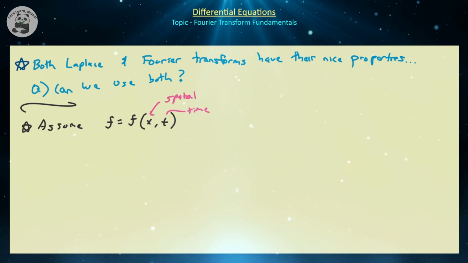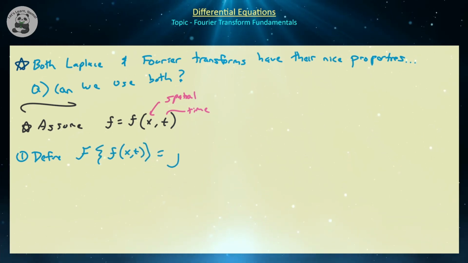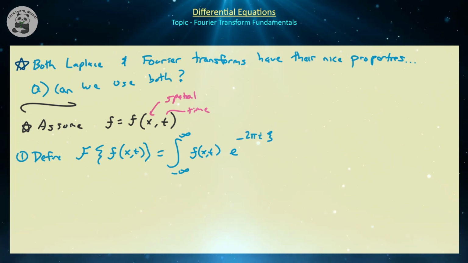So we're going to define our Fourier transform and Laplace transform as follows. We define the Fourier transform of f(x,t) to be equal to the integral from -infinity to infinity of f(x,t) times e to the minus 2 pi i psi x dx. What we're focused on here is the spatial dimension.